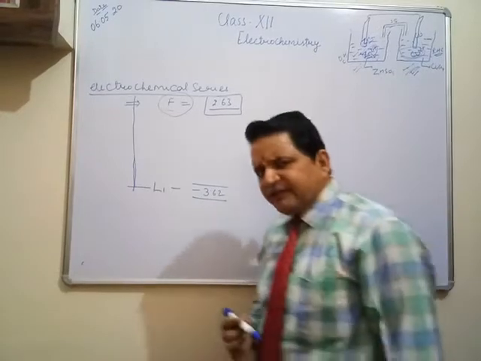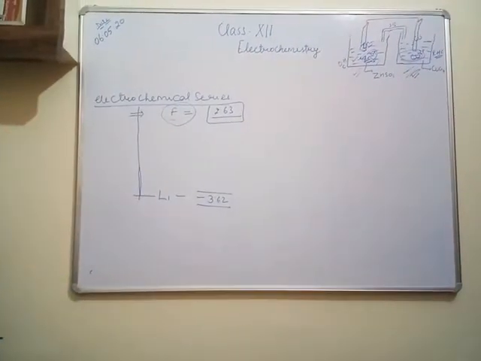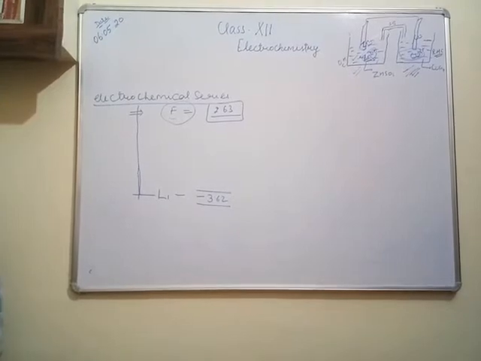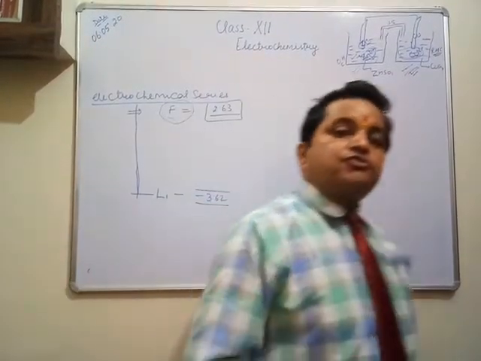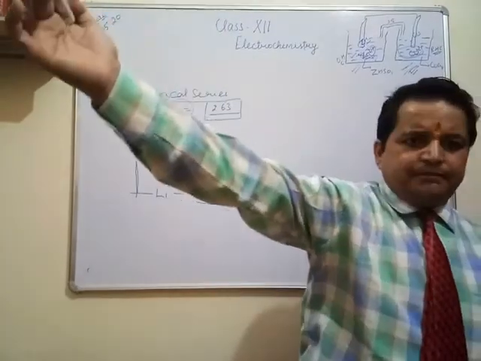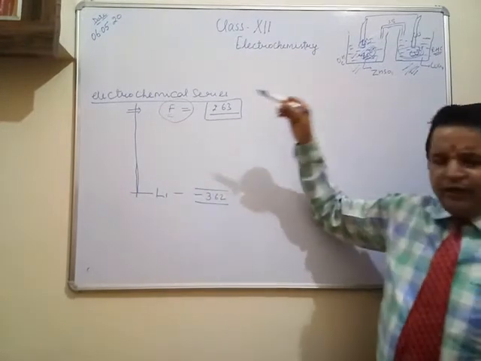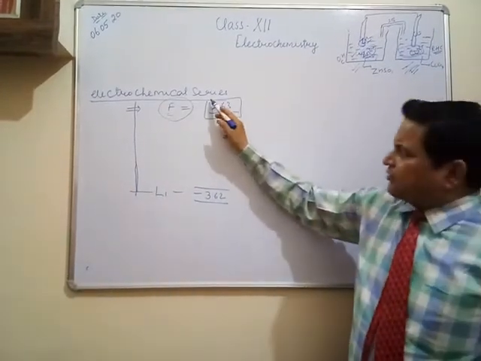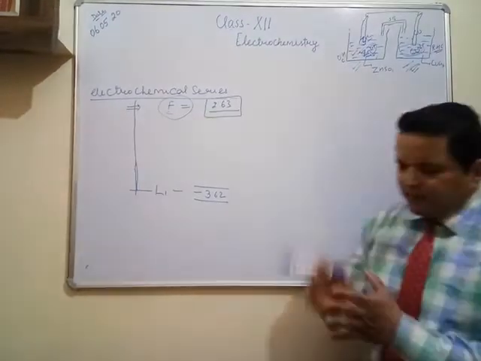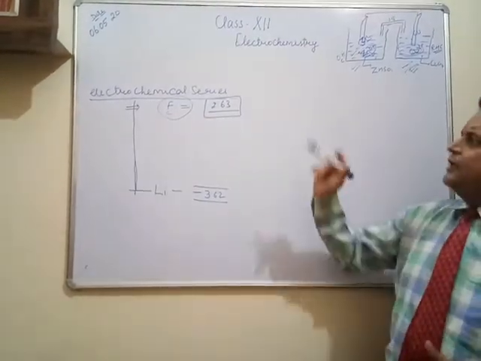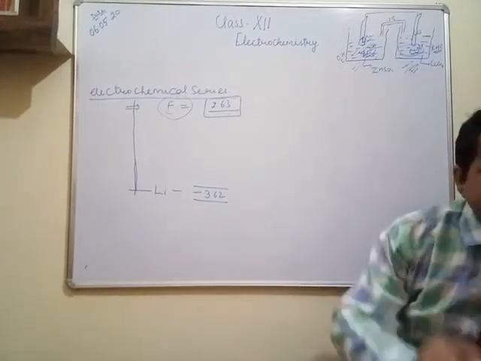In class 11th itself, we have studied that whatever gets reduced, meaning whatever has a high tendency to get reduced, is a strong oxidizing agent. I told you that chlorine has the highest reduction potential value, that's why it will always reduce, right? Whichever substance gets reduced is a strong oxidizing agent.